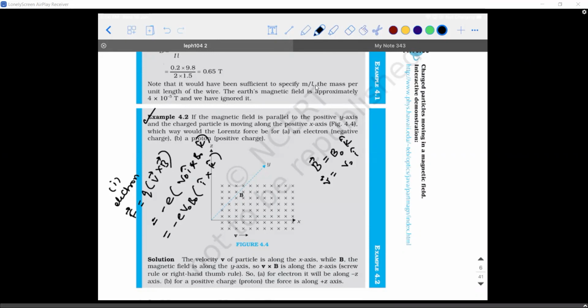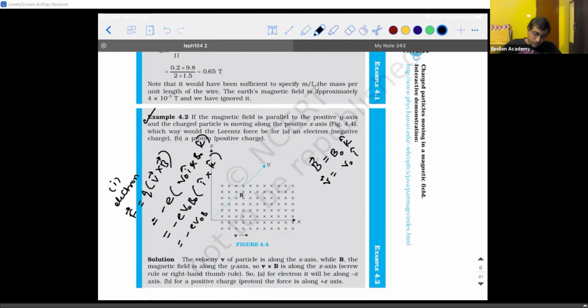Minus J. Very good. So it is minus E V naught B naught into minus J cap. If I push the minus sign inside, this will be equal to E V naught B naught J cap. So in what direction will the electron start moving?